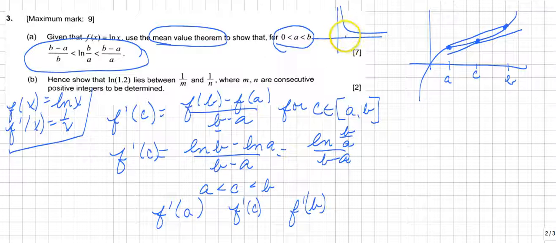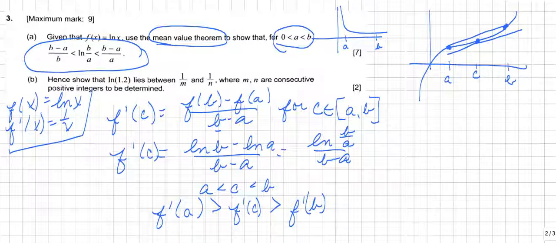And when a is less than b, you know that the derivative at b is less than the derivative at a. So we just write our little comparison: f prime of b is less than f prime of a.